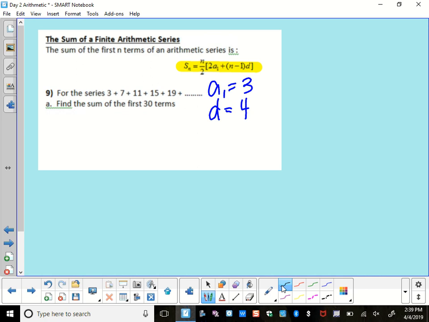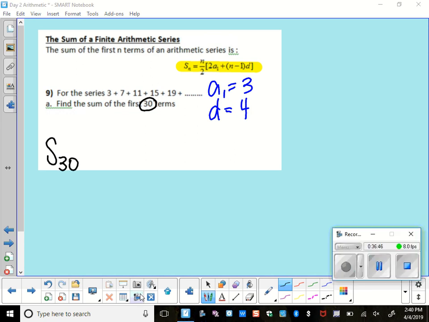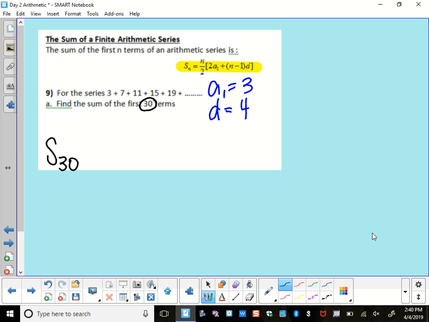My problem says find the sum of the first 30 terms. That means they've already given us 5. That means that we do that until we get to 30, and then we go back and we add them all up together. Okay? No one has time to do all that. So, we have a formula. We're just looking for the sum for the first 30 terms, and we're plugging everything right into this formula.